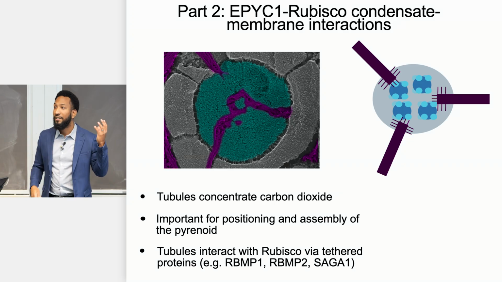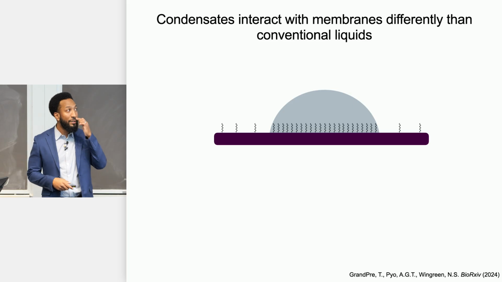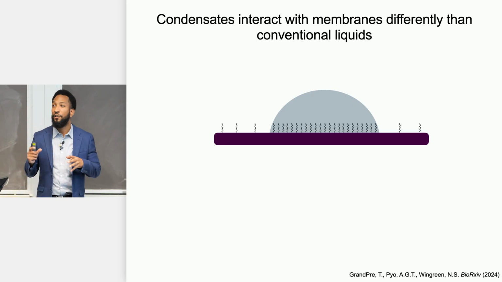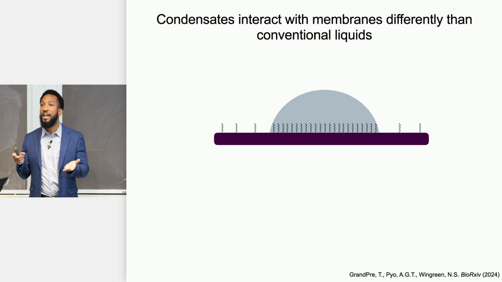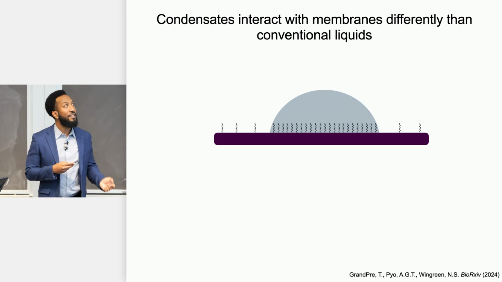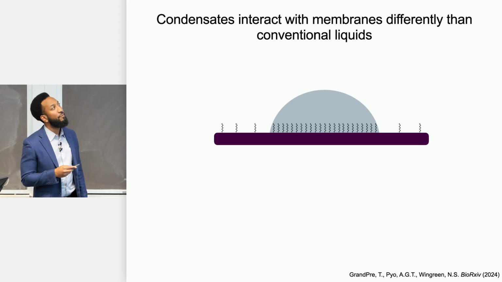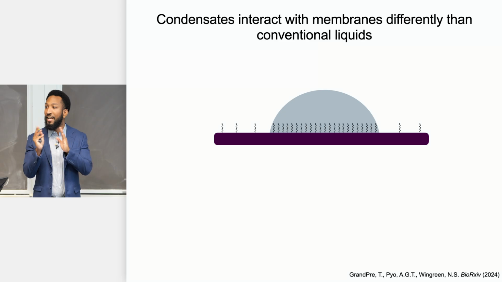From a theory point of view, we've been developing a way to understand how these liquid-like droplets interact with membranes by looking at a classical physics problem. You might have seen this at some point, but this is an image of a liquid on a surface, like a drop of water on a surface. But instead, imagine that there are these surfactants or tethers moving around on this surface.